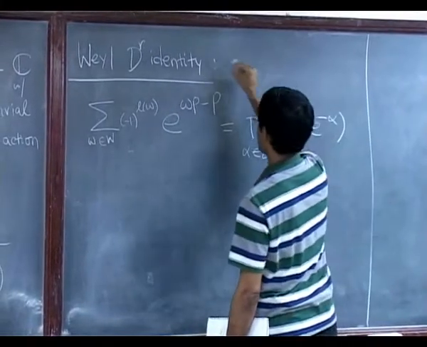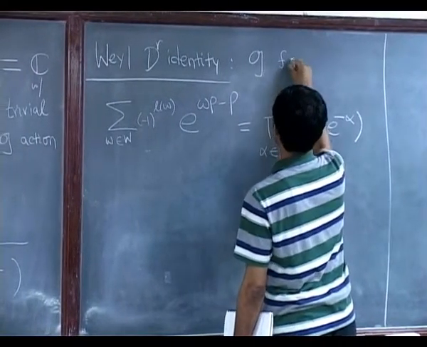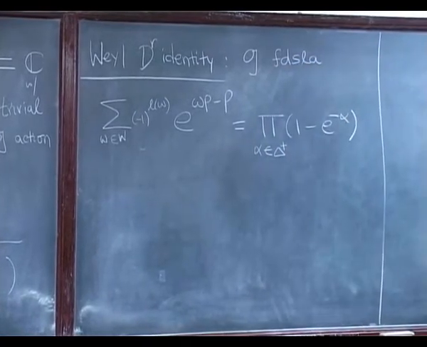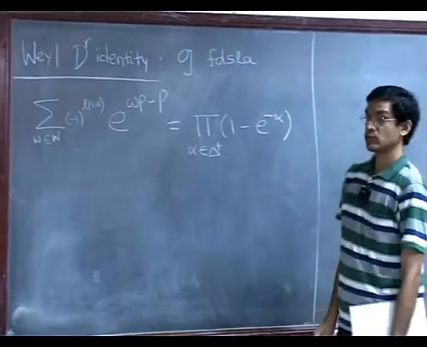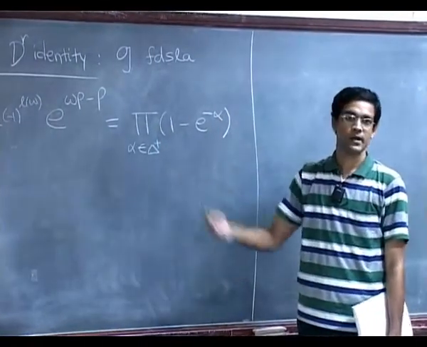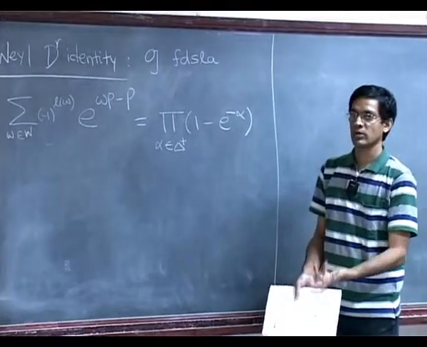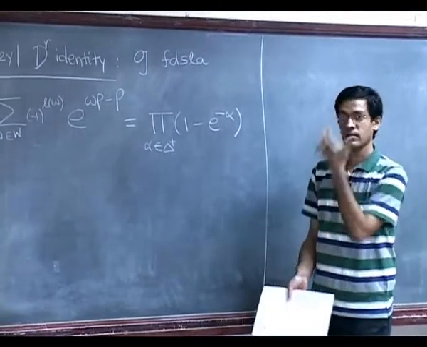And here again I am assuming g is a finite dimensional simple Lie algebra with Weyl group W and root system delta. So here's the Weyl denominator identity. You can think of it as just saying that the character of the trivial module is just 1.